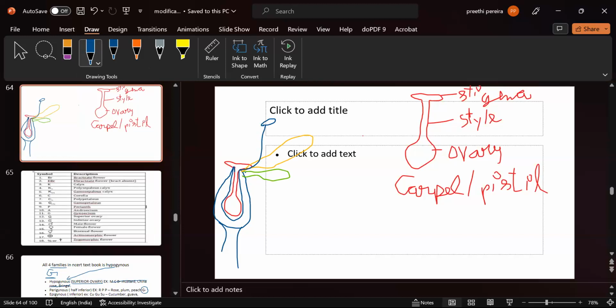So all the other whorls are coming from the top of the thalamus, right? And completely the ovary is below it. So this kind of ovary is known as epigynous or inferior ovary. So you will write G and the dash will be above it like this.